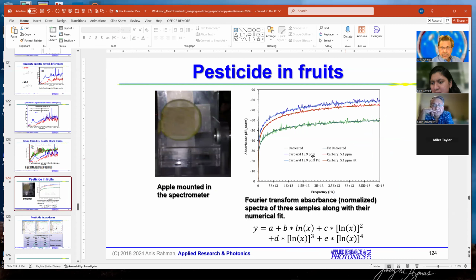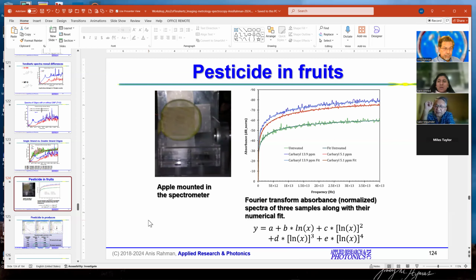The carbaryl alone, I don't know. Probably something to look at. Yeah, it could be done. That is a great point, because if carbaryl alone produces a signature, then that would be a true positive when we see it on the apple as well. Yeah, very good point. Sure.